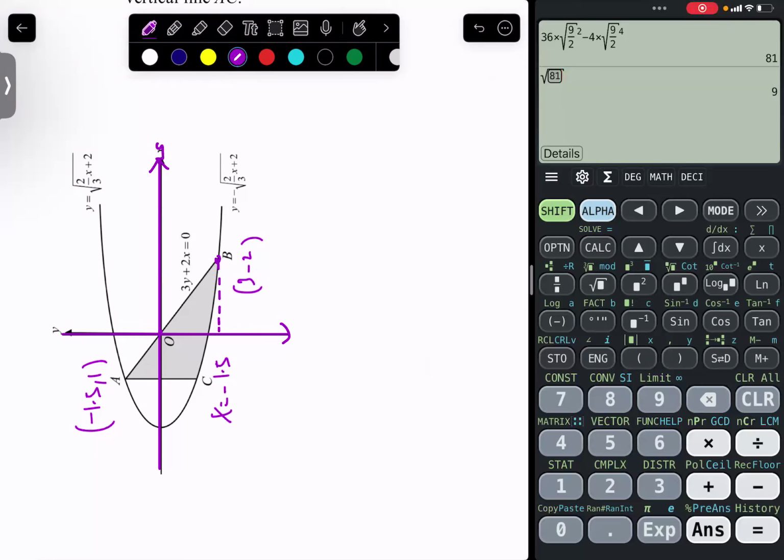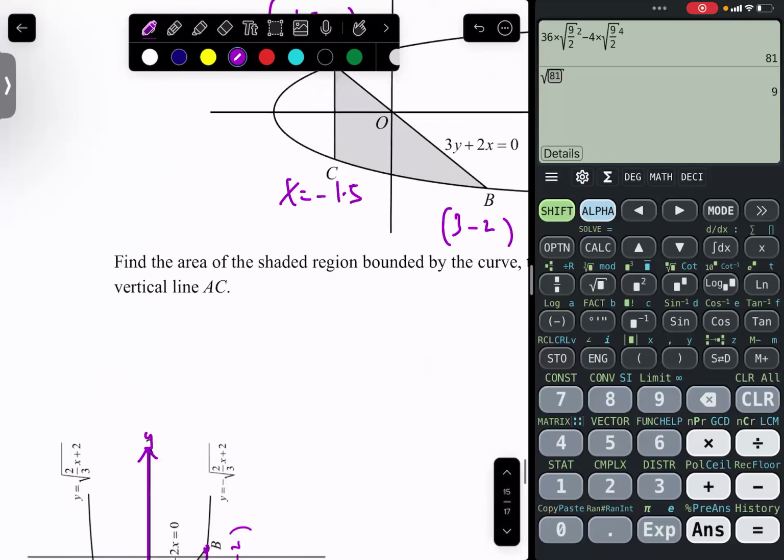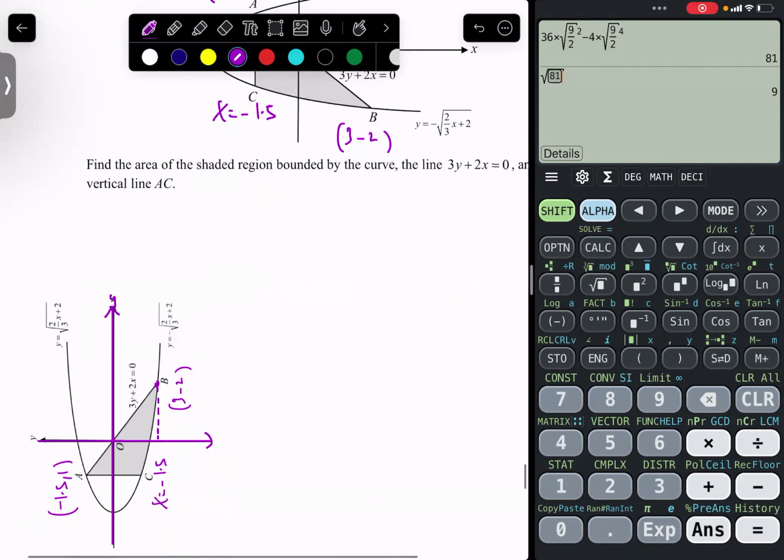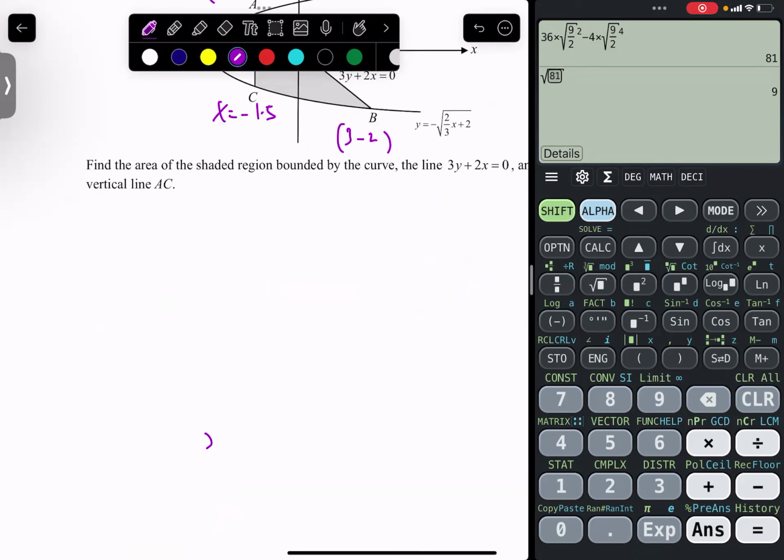Okay, let me look at the question. Okay, so we can do this, right?